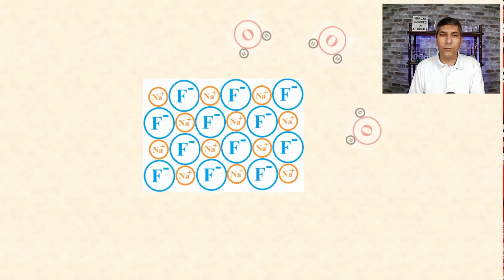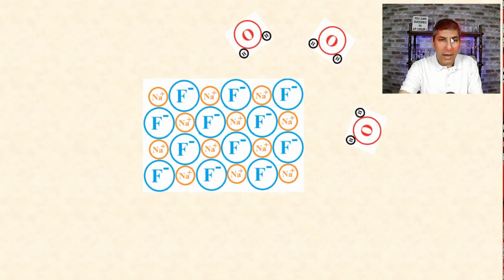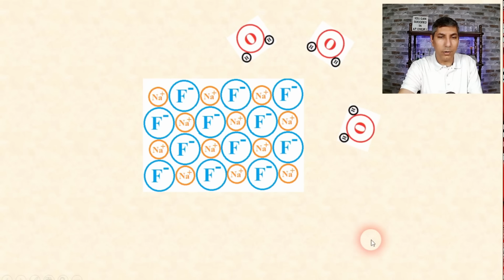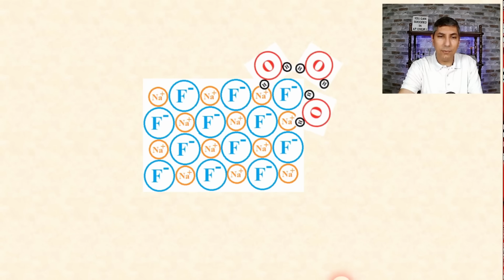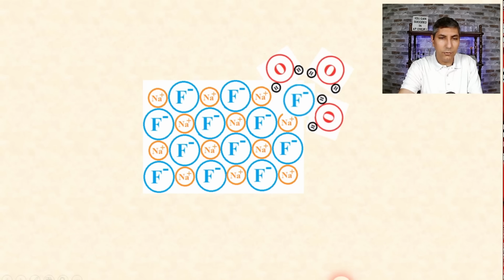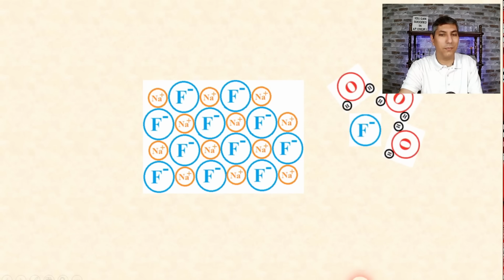Now, when this dissolves in water, we need to realize that the water molecule is a very polar molecule. We have the negative pole of water, which is the oxygen, and the positive pole of water, which is the side that the hydrogen is on. The positive poles of water will surround these negative ions and literally drag them off into solution.